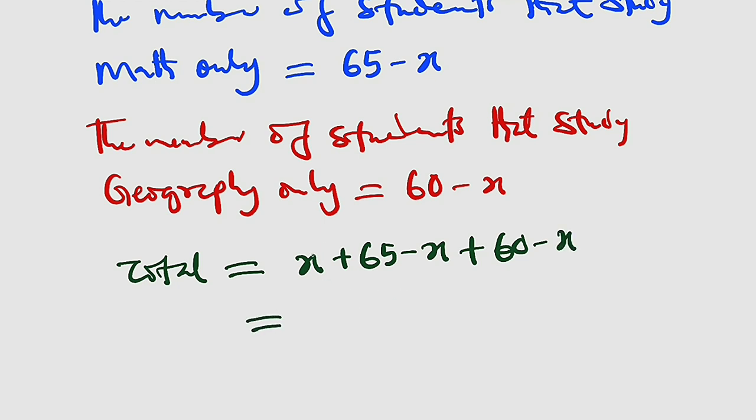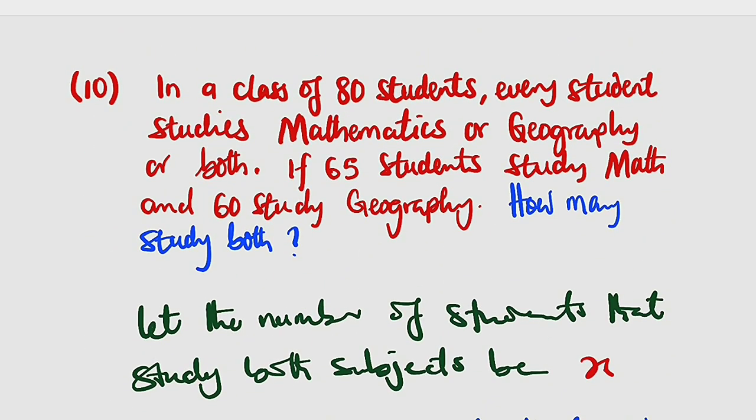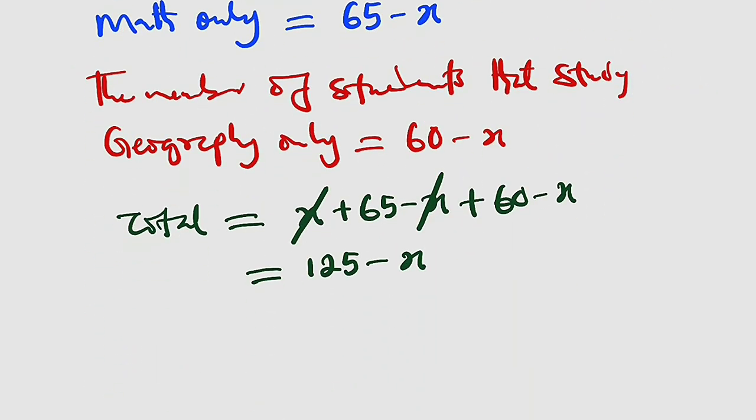This is equal to, this will cancel this because x minus x is 0. This plus this is 125 minus x. So this is the total number of students. But remember, according to the question, it stated that the number of students is what? 80. So we are going to equate this to be equal to 80.